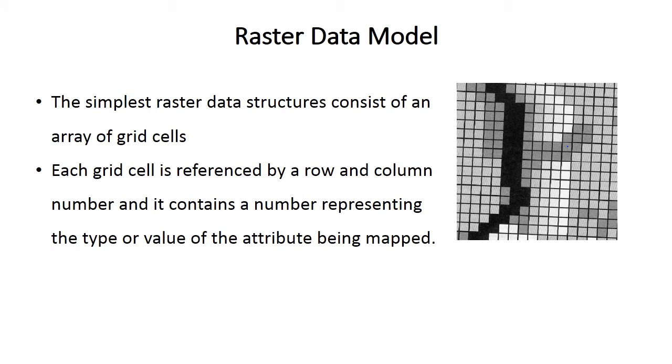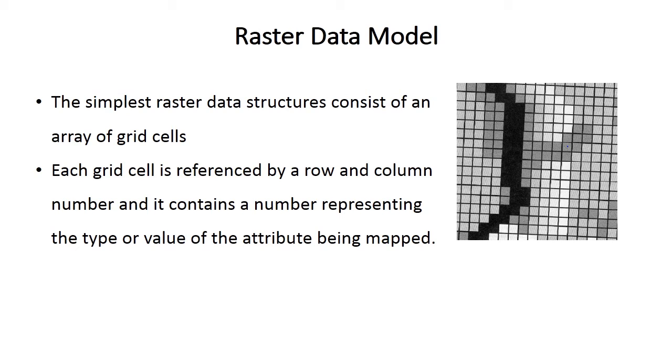Raster data model: the simplest raster data structure consists of an array of grid cells. Each grid cell is referenced by a row and column number, and it contains a number representing the type or a value of the attribute being mapped.